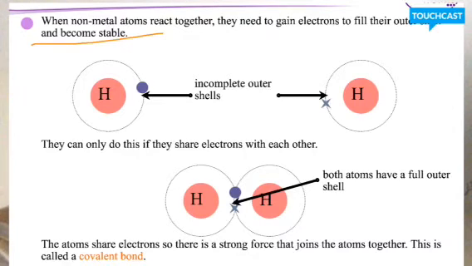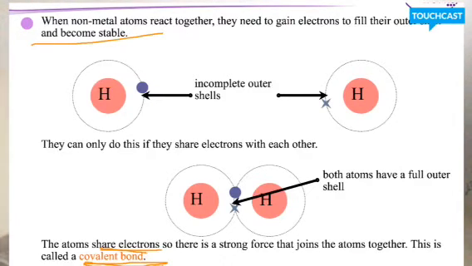Nonmetals react together so that they fill the last outer shell and become stable. They do this by sharing electrons, and when they share electrons, they become bonded together. This is what we call covalent bonding. Always remember, ionic, they move. Covalent, they share. Ionic involves metal and non-metal. Covalent only involves non-metal.